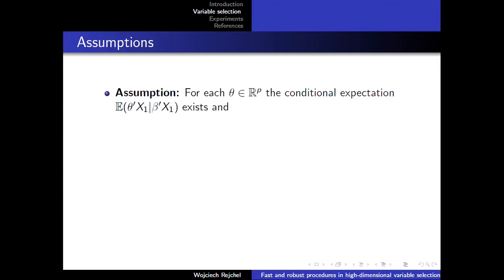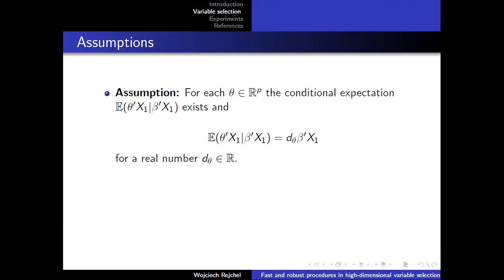and it says that for each p-dimensional parameter theta, we consider such a conditional expectation, and we assume that this conditional expectation of theta times x given beta times x is beta times x times some number which can depend on the parameter theta.